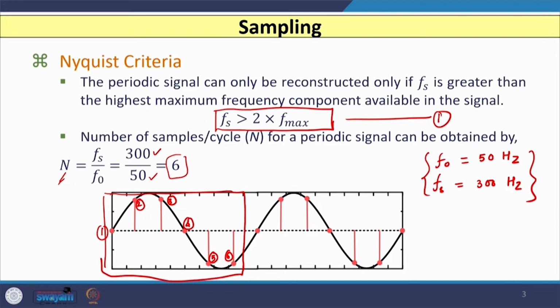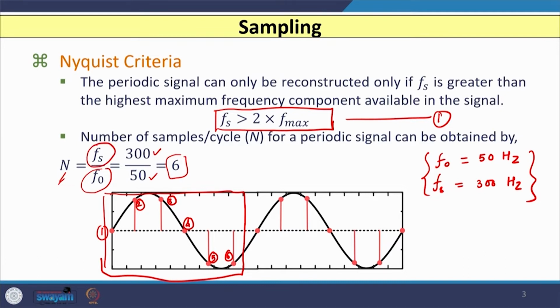Now, the fundamental frequency F0 is normally constant, either 50 hertz in our Indian system or maybe 60 hertz in some other countries. However, the only variable parameter is the sampling frequency, and that we can vary.